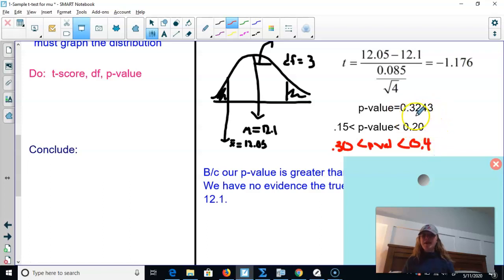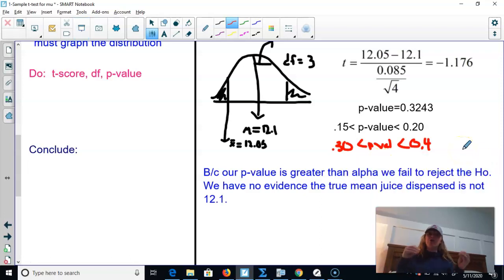And that makes sense, you guys. My actual p-value is in between that, okay? So our p-value is very high. So in this case, when your p-value is low, you reject the H0. Our p-value is not low, so we fail to reject the H0. Because our p-value is, you're going to fill that in. Is it greater than or is it less than?